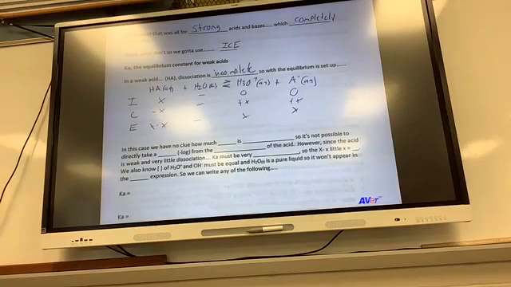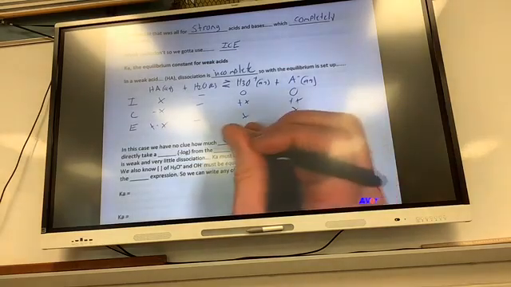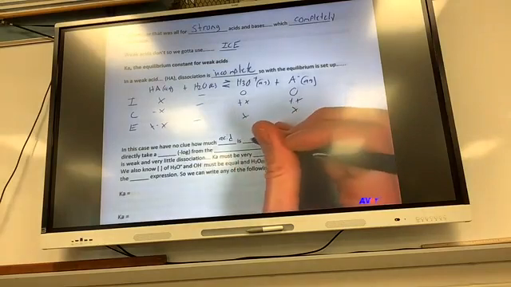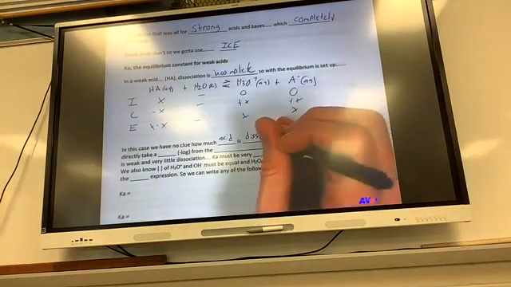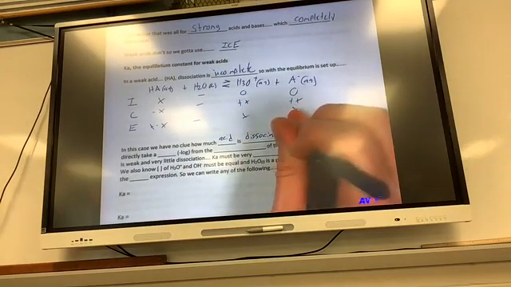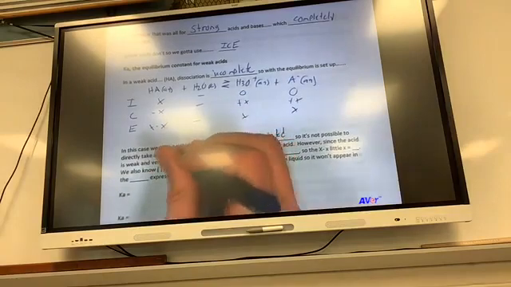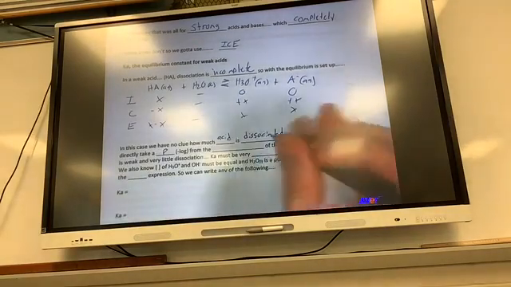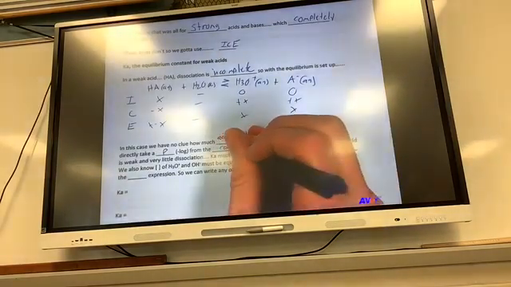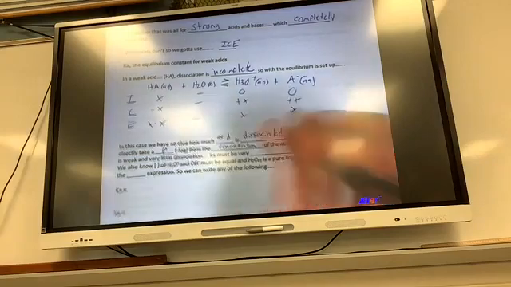In this case, we have no clue how much acid is dissociated. So it's not possible to directly take a pH, which is a negative log of the concentration of the acid.